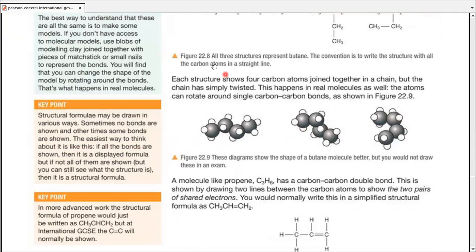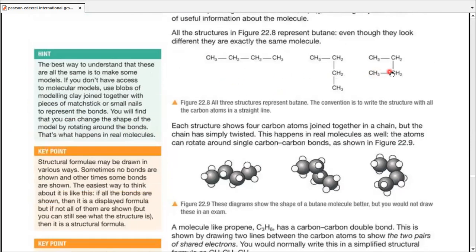Okay. Now, this actually gives you a pretty good idea that this compound may twist like this. This compound may twist like this. This compound may twist like this. So actually, they are trying to explain how these 3 structures and these 3 models look exactly the same.